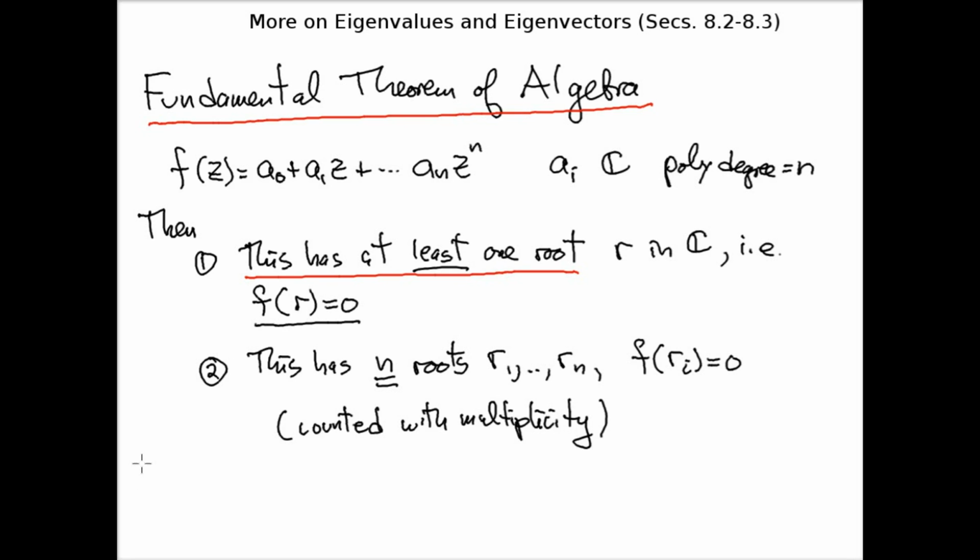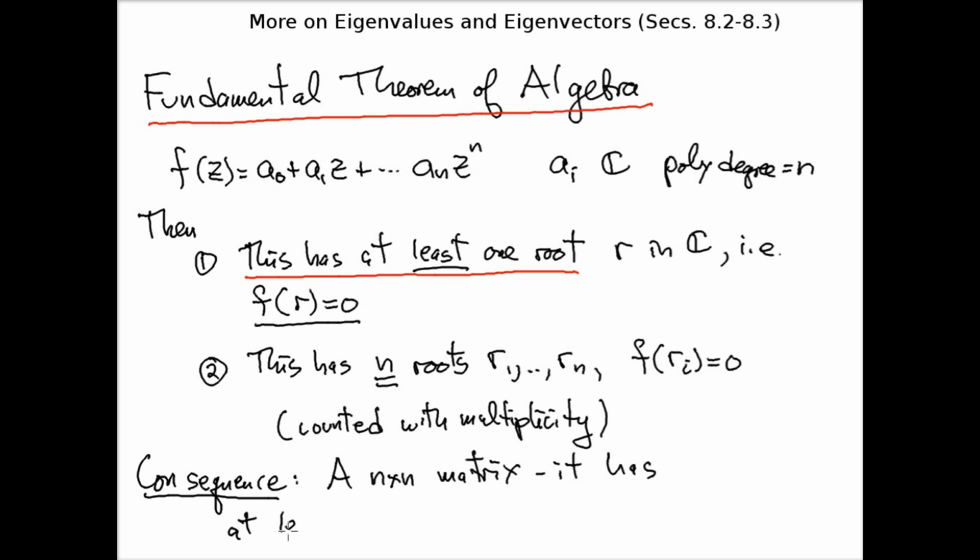And so an immediate consequence of that is that if A is an n by n matrix, it has at least one eigenvector and eigenvalue. Well, I should really say at least one eigenvalue with its corresponding eigenspace.